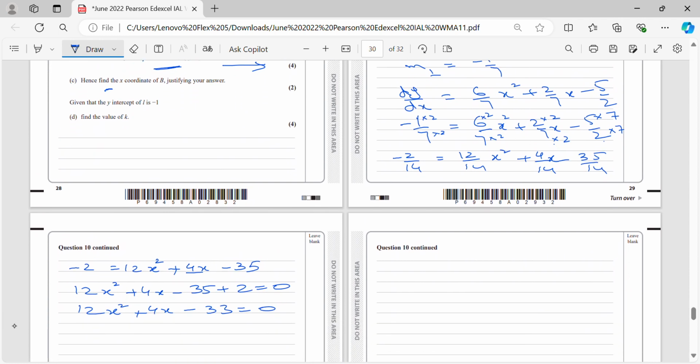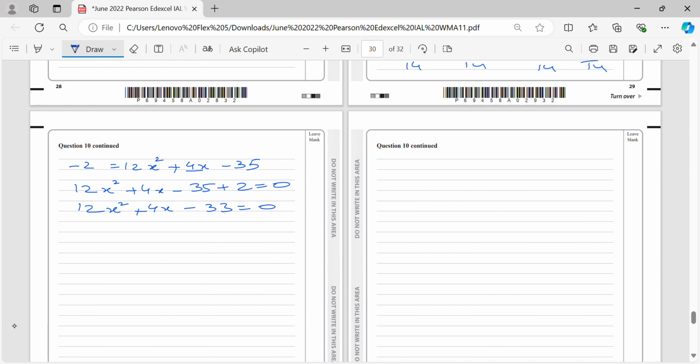Okay. Hence, find the x coordinate of B. So I have to solve for x. To solve for x, we can factorize or use the quadratic formula. If I factorize, the product here is 33 times 12, which is 396. So the product is minus 396 and the sum is plus 4. So the factors give 12x squared plus 22x minus 18x minus 33 equals 0.